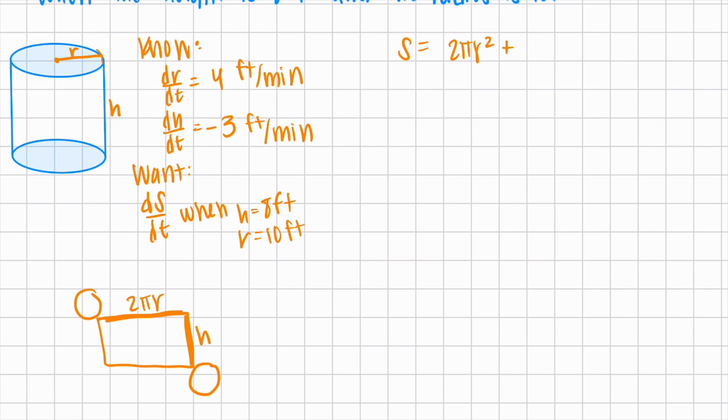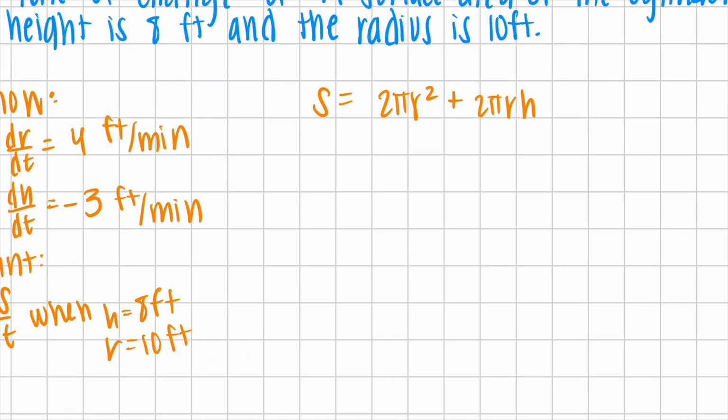So imagine you're unwrapping this cylinder. So plus 2 pi r h. To make my derivative a little bit nicer, I'm going to factor out a 2 pi. You don't have to do that. I just feel like it makes it nicer.